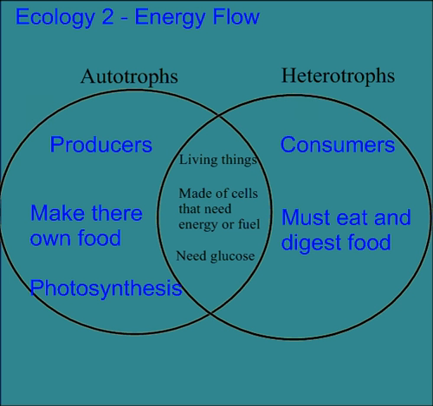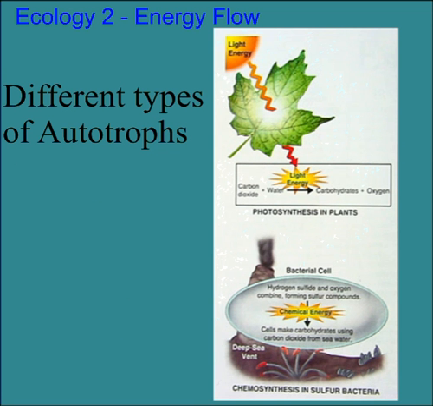You do not need to take down any of this information. Only the things that I write by hand need to be copied. Now, it's important to note that there are two different types of autotrophs. There are those that do photosynthesis, like plants and trees and bushes and grass and algae in the water.